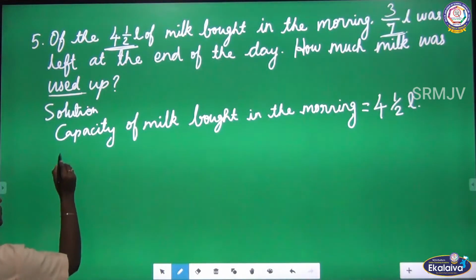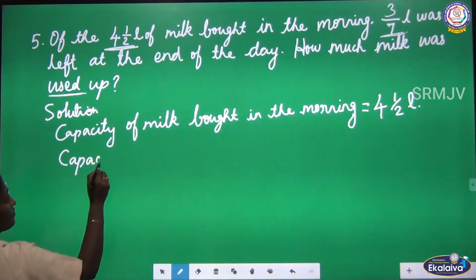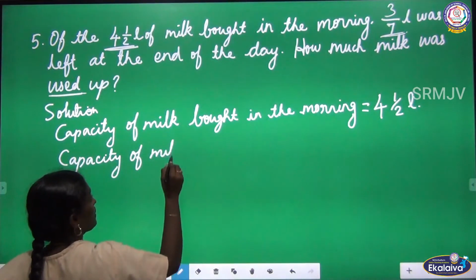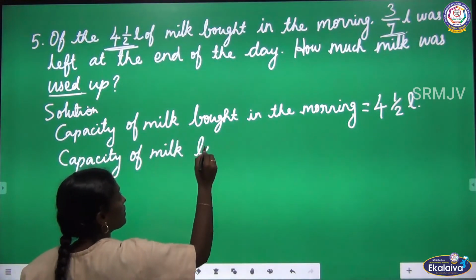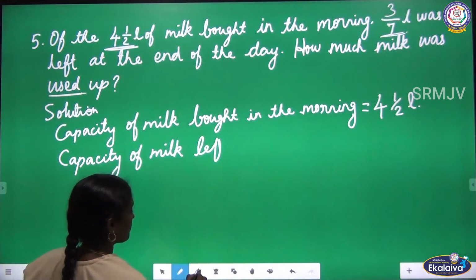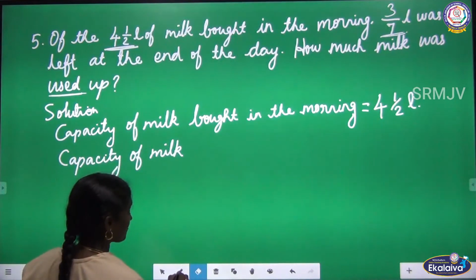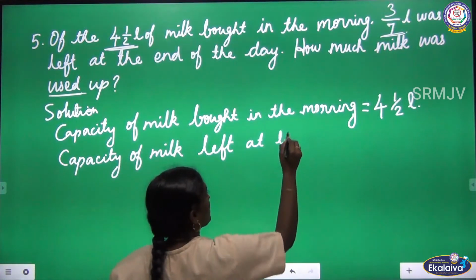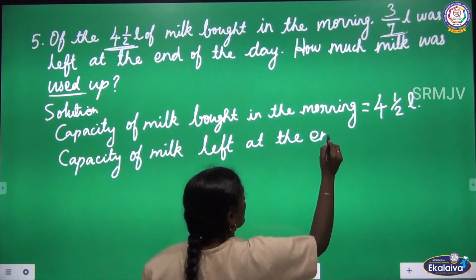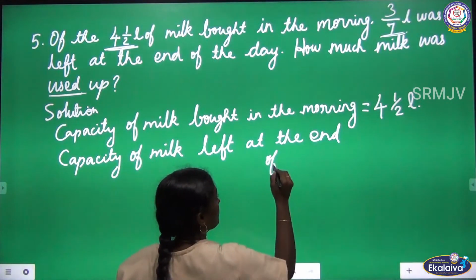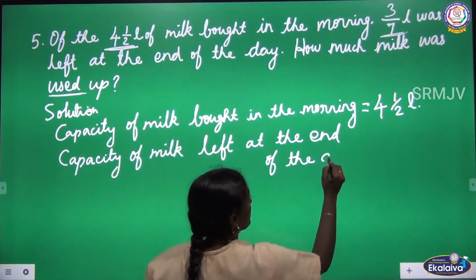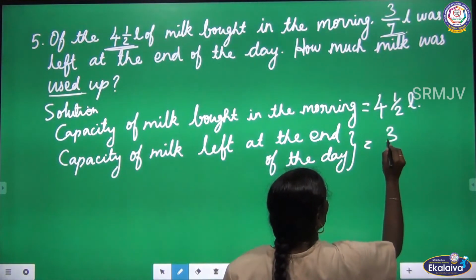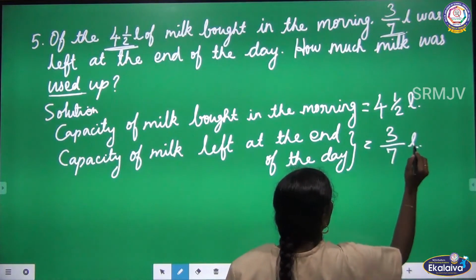Here, capacity of milk left at the end of the day is equal to 3 by 7 liter.